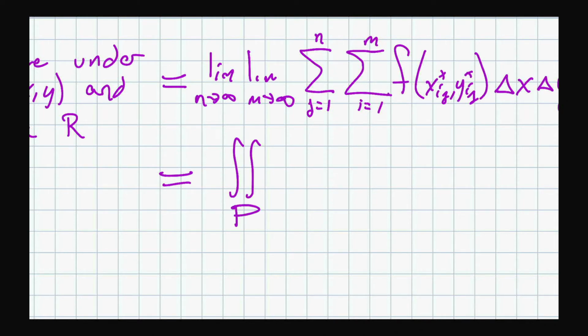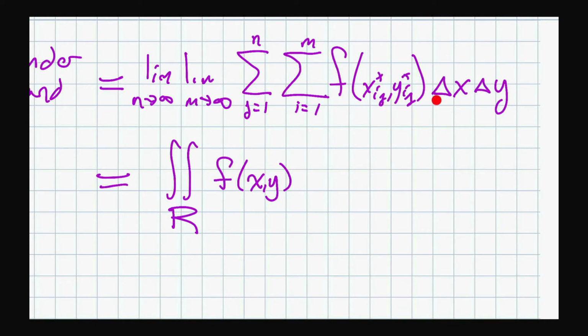The region was called R. That's the equivalent of a to b. And then the thing we're integrating was this function, f of xy. And then you have this delta x, delta y, which is either going to be a dx dy, but that's less usual.